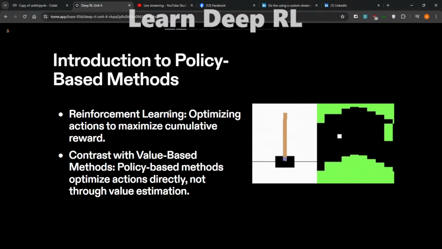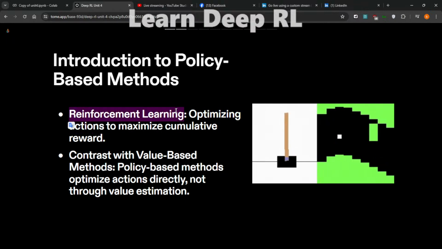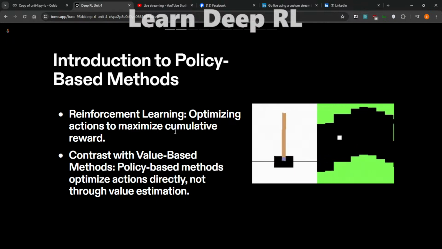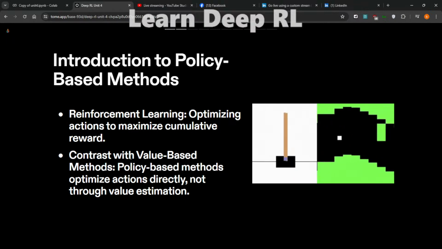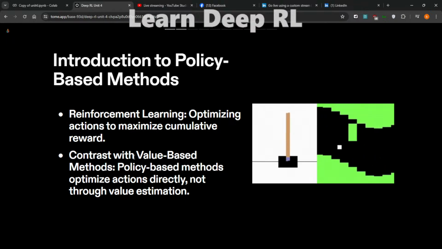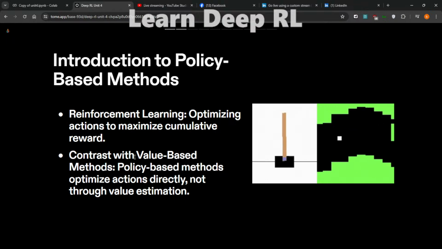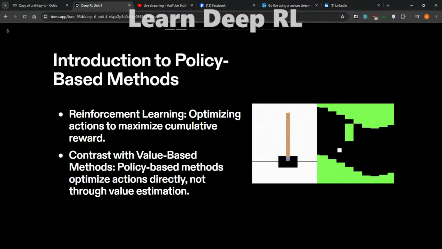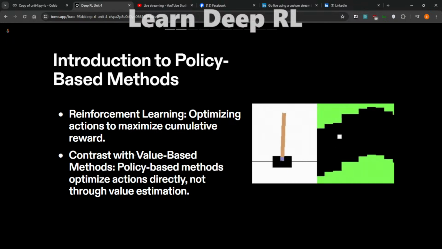As we know, the goal of reinforcement learning is to optimize actions to maximize a cumulative reward. With that concept, we already understand value-based methods, where we have a Q table and try to find optimal Q values. Specifically with deep Q learning, we estimate the optimized value of an action, but through estimations.